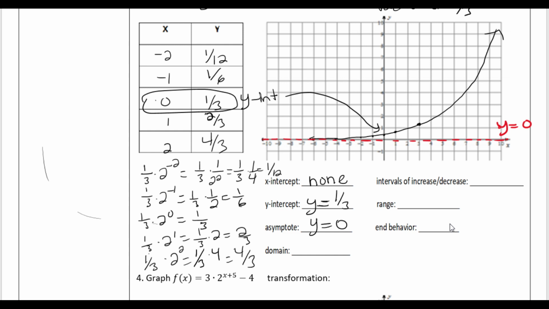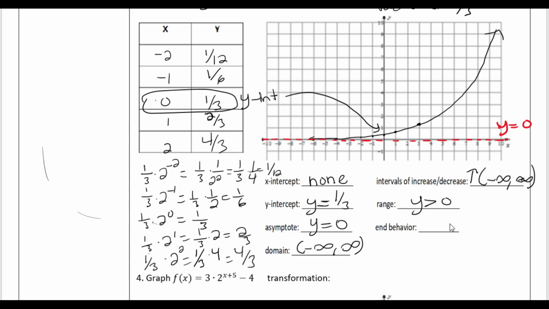The domain, again, is all real numbers, but I'm going to write negative infinity to positive infinity. Intervals of increase and decrease, again, it's only increasing, and it's increasing from negative numbers to positive numbers. Range, again, it's y is greater than 0. The graph goes above the x-axis.